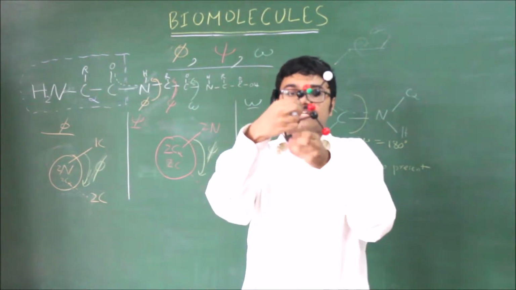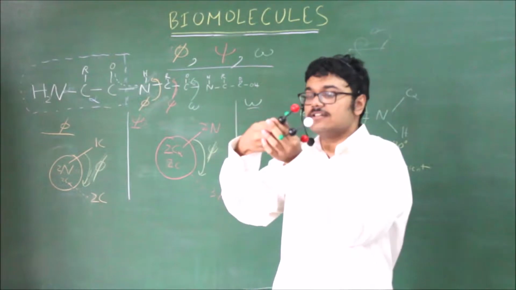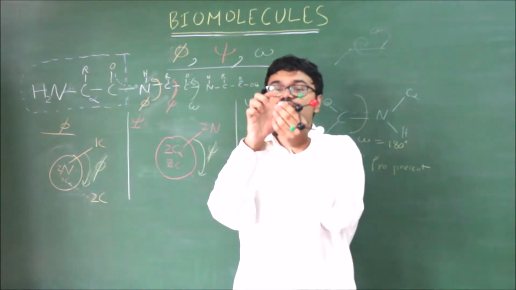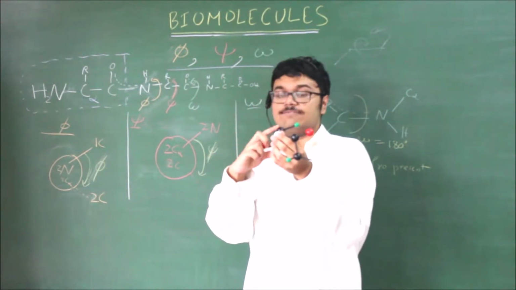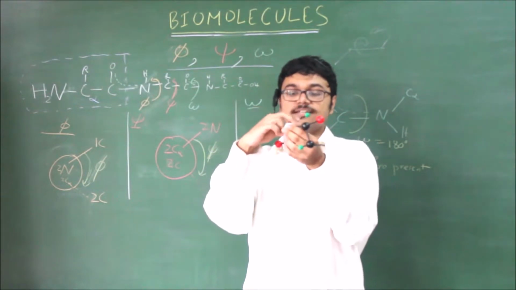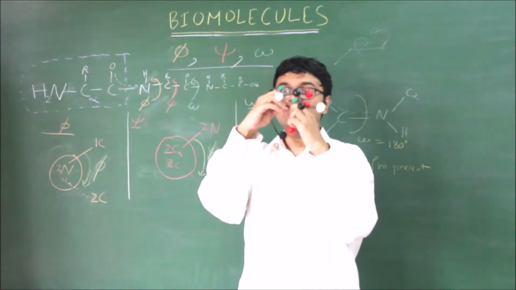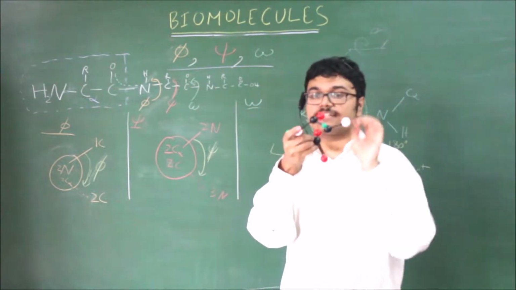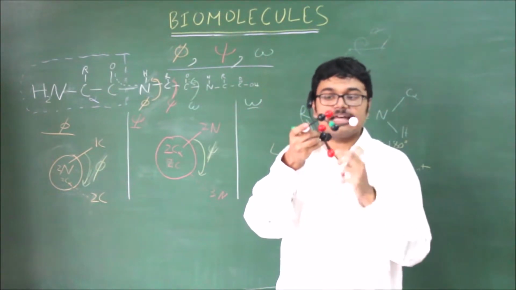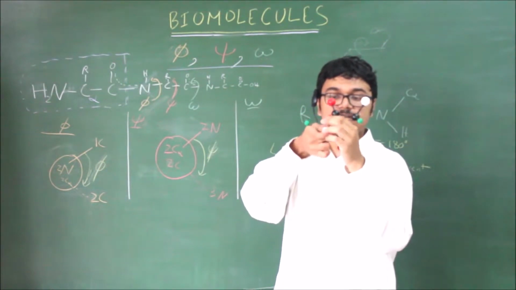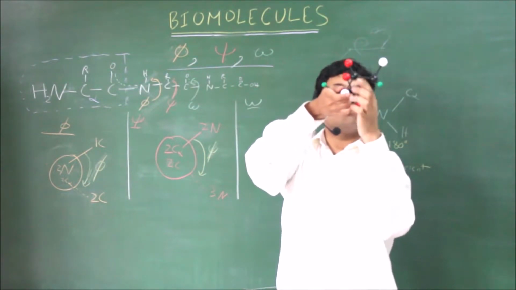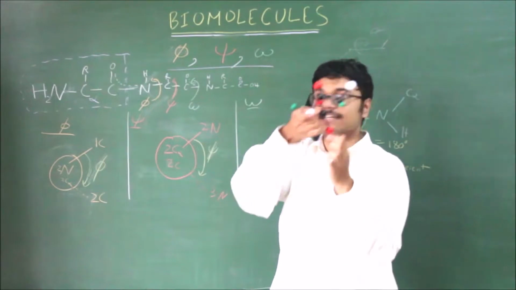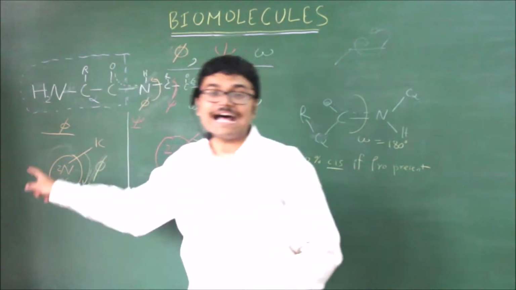If I make it on the same side as the diagram, you'll be able to see it clearly. So this is 2N, this is 2C alpha, this is the bond to 1C, and this is the bond to 2C alpha and to 2C. You can see there's going to be an angle between them, and this angle between this bond and this bond, this angle that you see over here in this plane, that is the Phi angle.